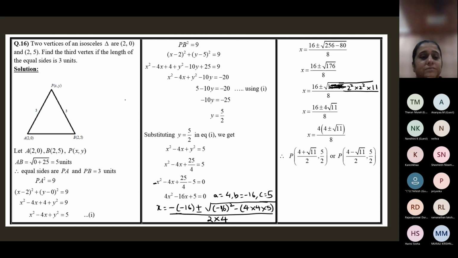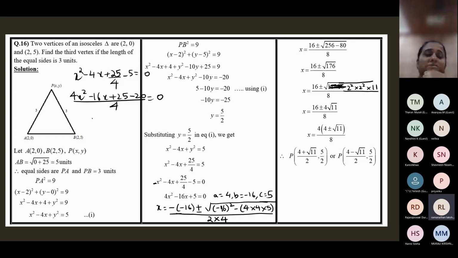Who can tell me the steps after this one? After this one, x square minus 4x plus 25 by 4 minus 5 is equal to 0. So how do you solve this further? 4x square minus 16x plus 25 minus 20, by 4, is equal to 0, right?